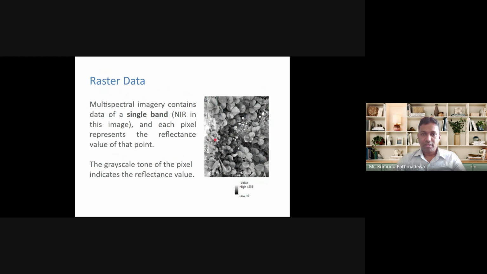You can see here the low value is 0 and the high value is 255. Here the value is brighter, meaning high value, and some areas have darker values, so it has less reflectance in this region.